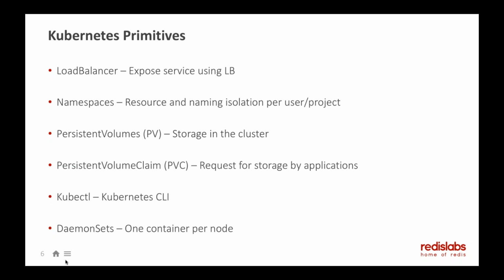So in your deployment YAML, you will say, my application needs 10 gigs of persistent storage from the storage class that has been defined on your Kubernetes cluster. And then the last two I want to talk about regarding the Kubernetes primitives are kubectl, or kube control. That's the Kubernetes CLI that comes by default and is what drives all the API interactions against your Kubernetes cluster.